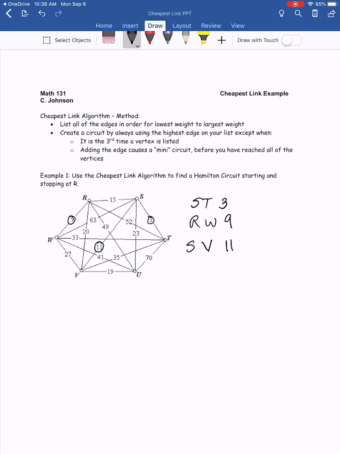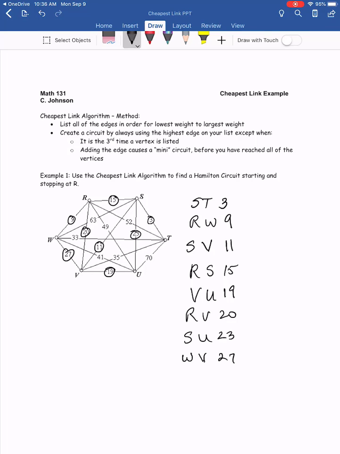After that we will have 15 RS. Next we will have 19 VU, and after 19 we'll have RV for 20. Then we will have SU for 23. Then we have VW or WV for 27.